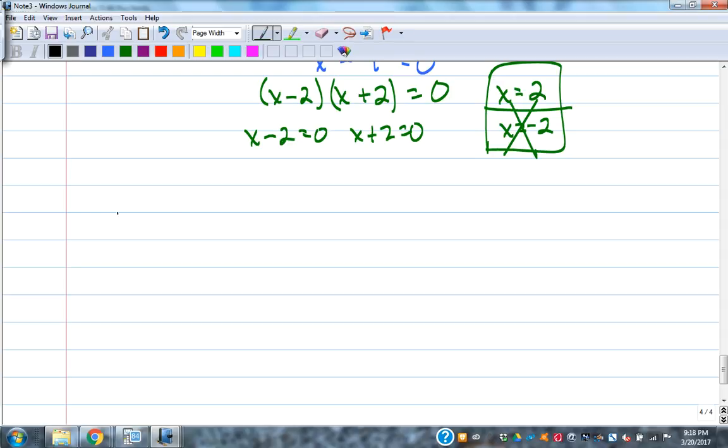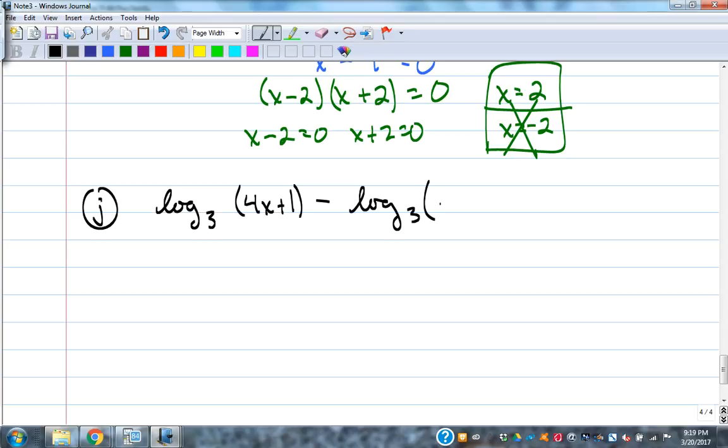All right. Log base 3 of 4x plus 1 minus log base 3 of x plus 1 equals 3.